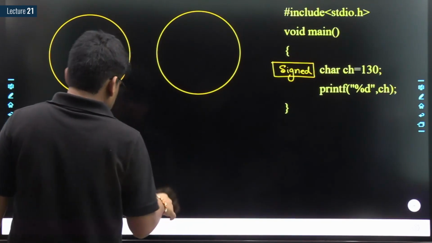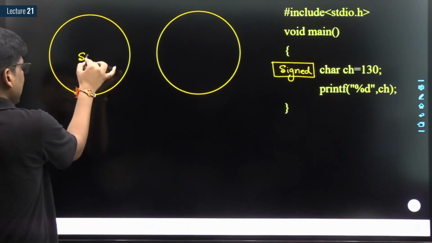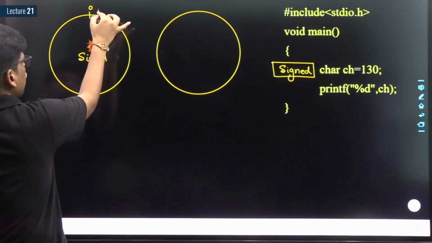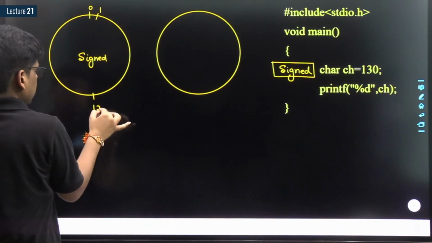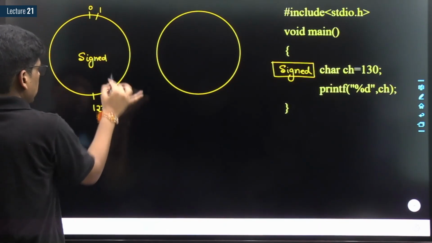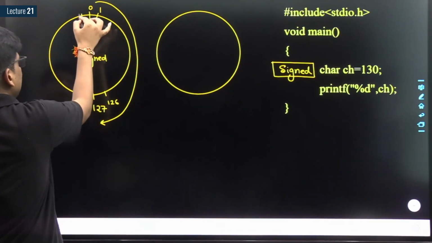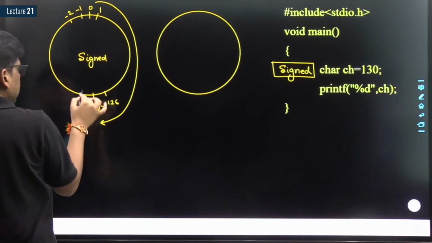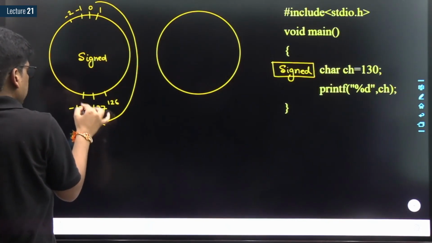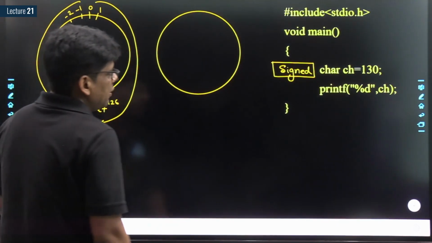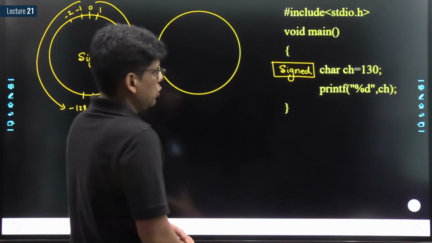Sir, if it is signed char, the value goes from 0 to 126 in plus, and for negative, we will move in this direction. Done, sir.